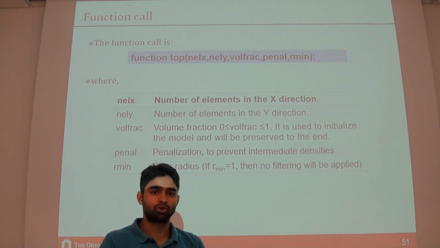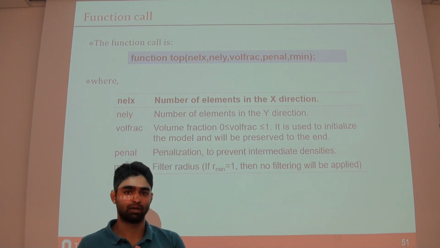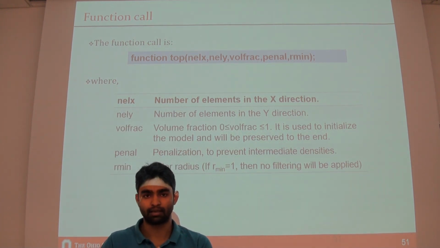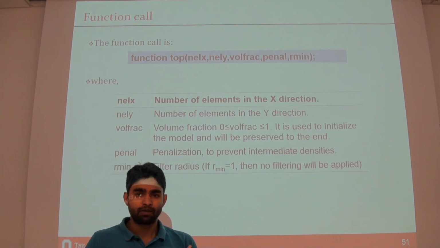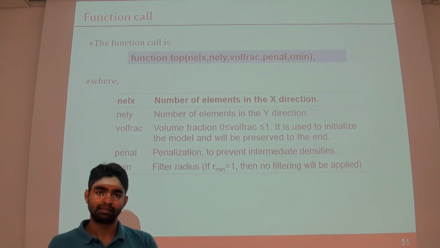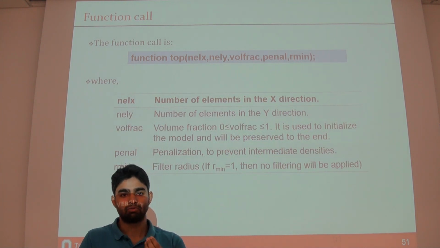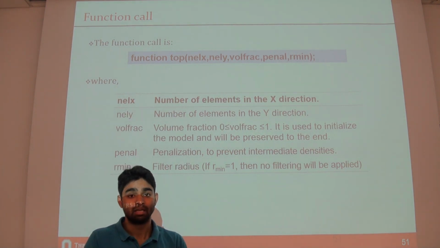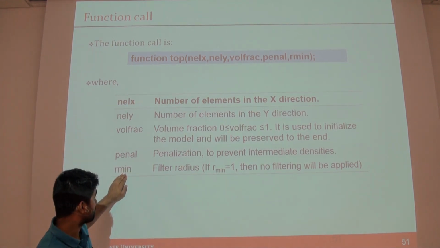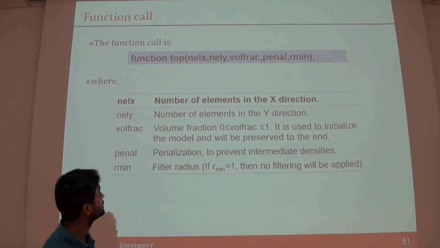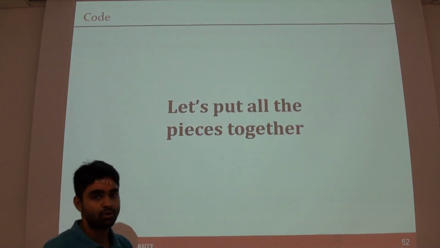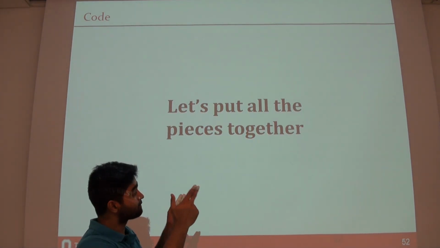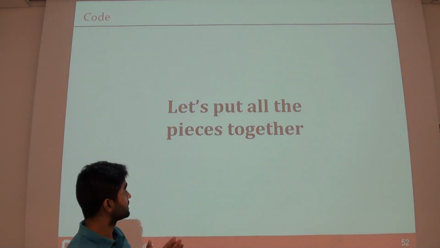So this ensures that we don't end up in a checkerboard kind of a pattern and all the densities are smooth, because if you work on the 99-line code, you will see that sometimes you end up having densities somewhere in the middle, and that in design does not really happen because you don't have material hanging in places. So that's why we need the radius of the smoothing filter. Next. So yeah, now we know about the arguments of the function. We have 5 arguments. Let's get started with the code itself.